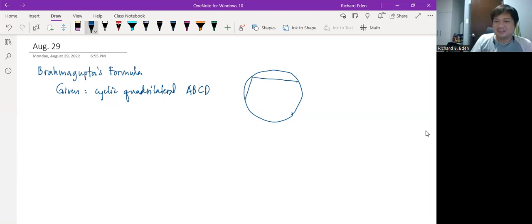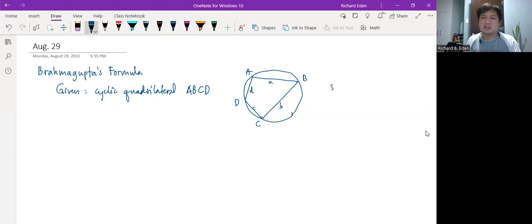So ito, drawing ko lang. A, B, C, D. Then let's say the lengths are a, b, c, d. Okay, and then the semi-perimeter s is (a plus b plus c plus d) divided by 2.